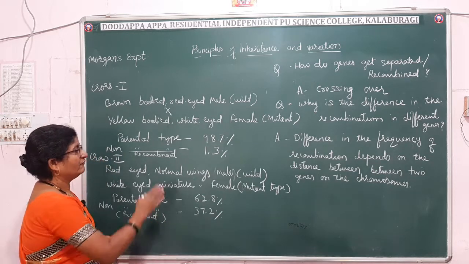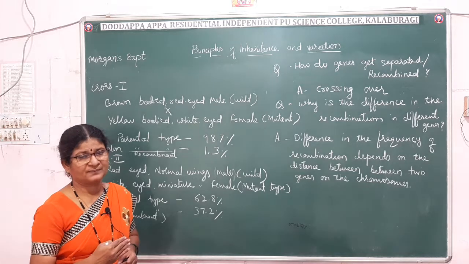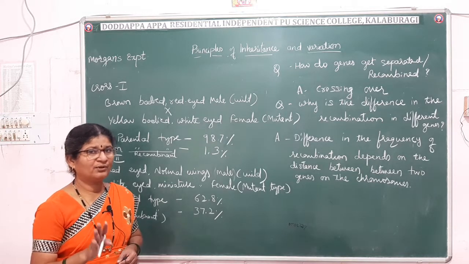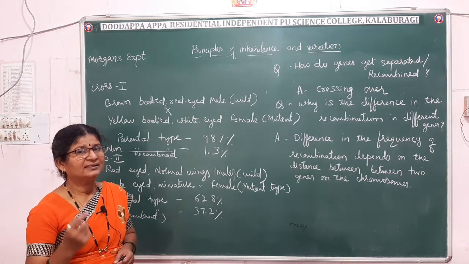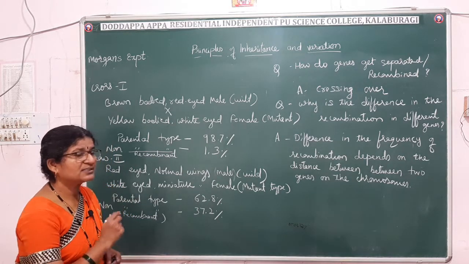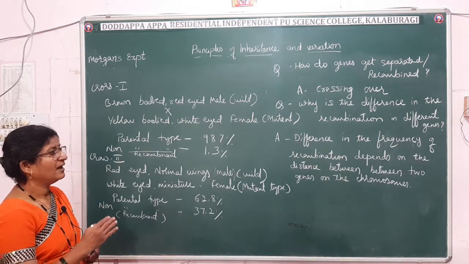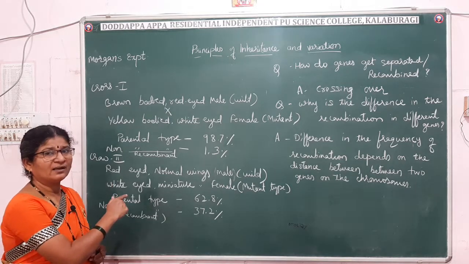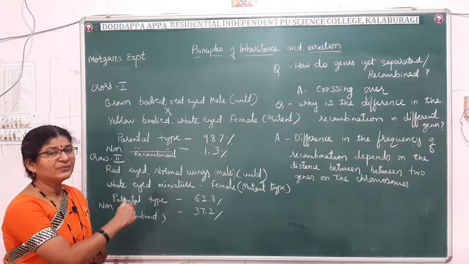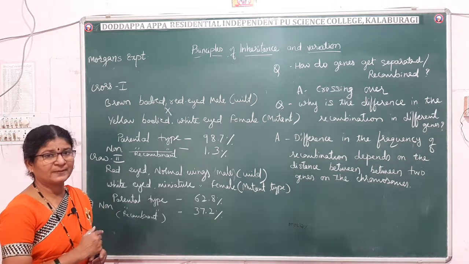So when you see the results of these two crosses, they did not follow Mendelian principles, and two questions arise: how the genes got separated, and why there is a variation in the frequency of the separation of genes. So these two questions arose from these two experiments.